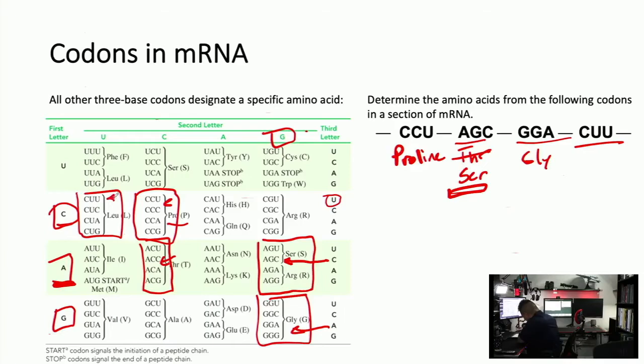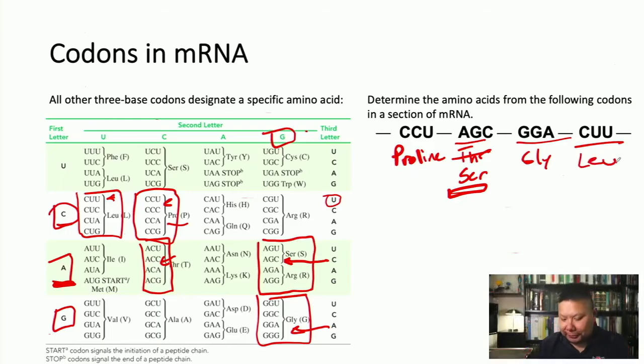And that's leucine. So using that chart, you should be able to translate from a DNA sequence to an RNA sequence to an amino acid to make yourself a little peptide chain right there.